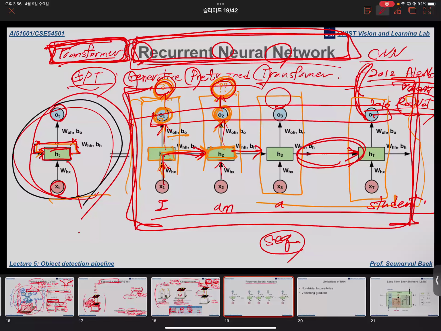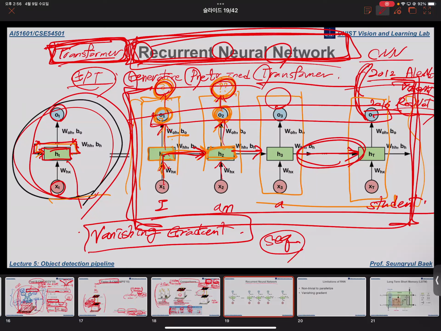But one important problem: when making this recurrent neural network, the vanishing gradient problem appears. We already learned about this vanishing gradient effect when we learned about ResNet.